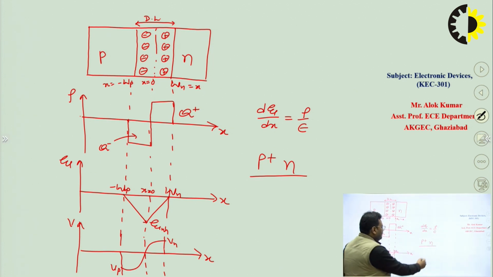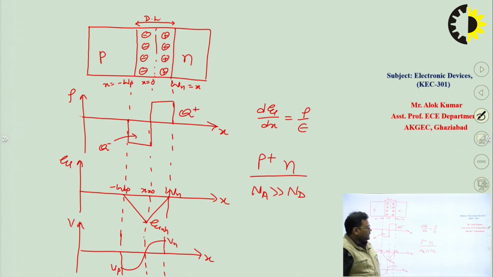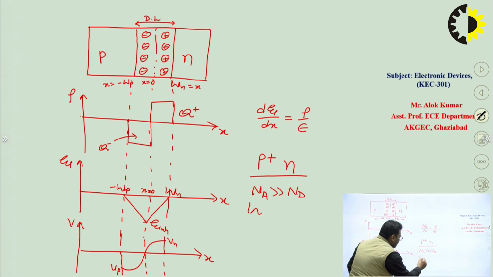If Na is very much greater than Nd, where Na is the acceptor impurity concentration and Nd is the donor impurity concentration, then Wp will be very much less than Wn.